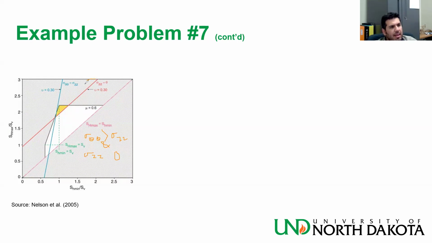And then this part here, on the left of the red line, is where sigma ZZ is smaller than 0. And we said that 0 is basically minus T. So the overlapping region from both of those lines, that yellow region, is where both conditions are true.